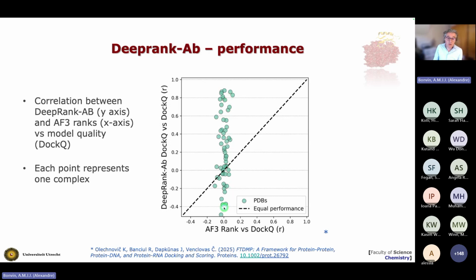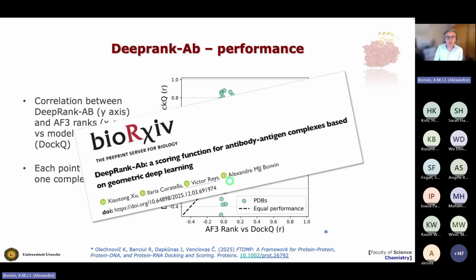For some, it's anti-correlated, problematic, so the problem is not solved. Those special complexes, we try to look into this, but it's not really clear. And for some, there's no correlation. So again, it's not a solved problem. This is available on bioRxiv as well, and it should appear very soon in print in a journal near you.